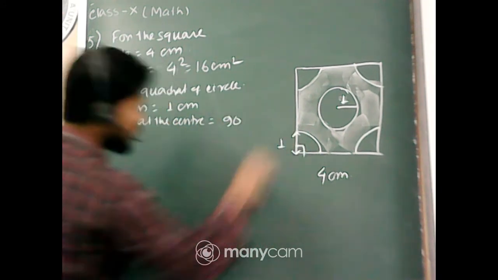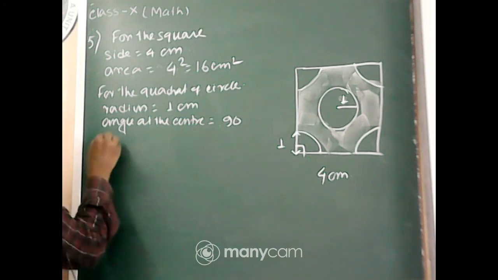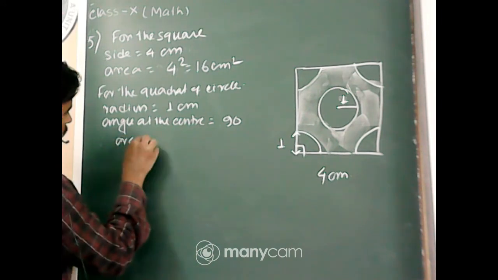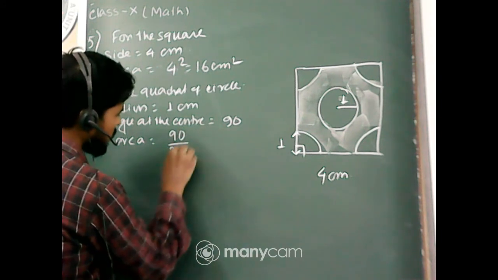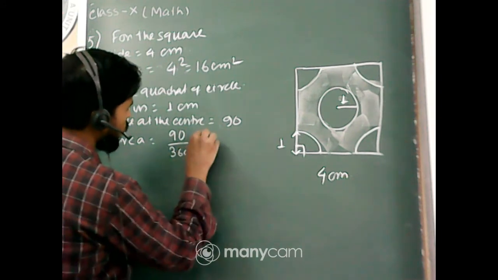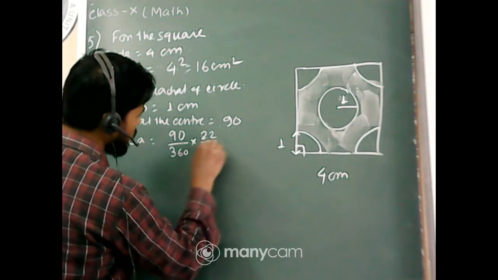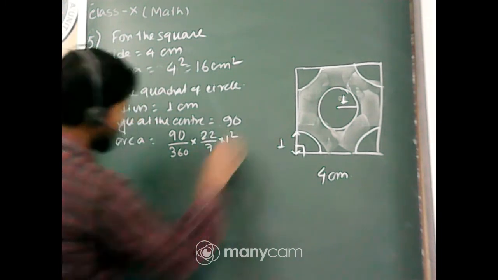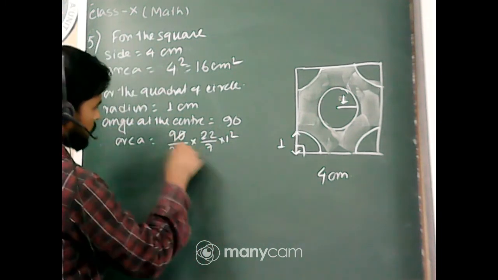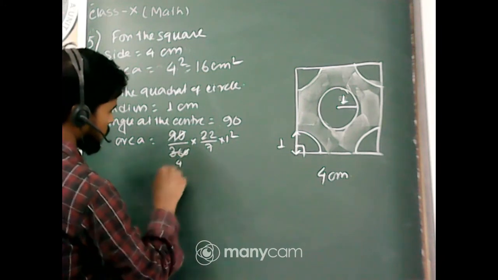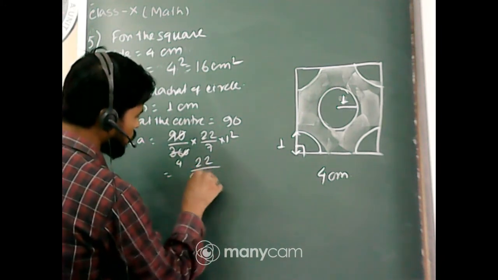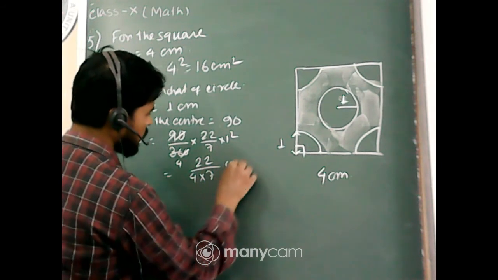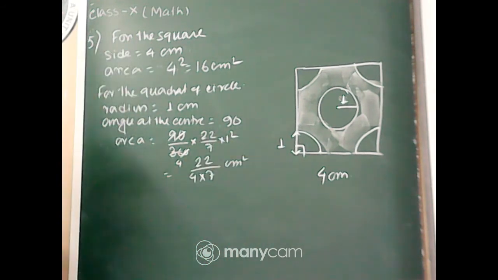This angle is 90 degree. So the area will be theta, means 90 by 360 into pi, that is equal to 22 by 7 into 1 square. That means 22 by 4 into 7 centimeter square is the area of one quadrant of circle.